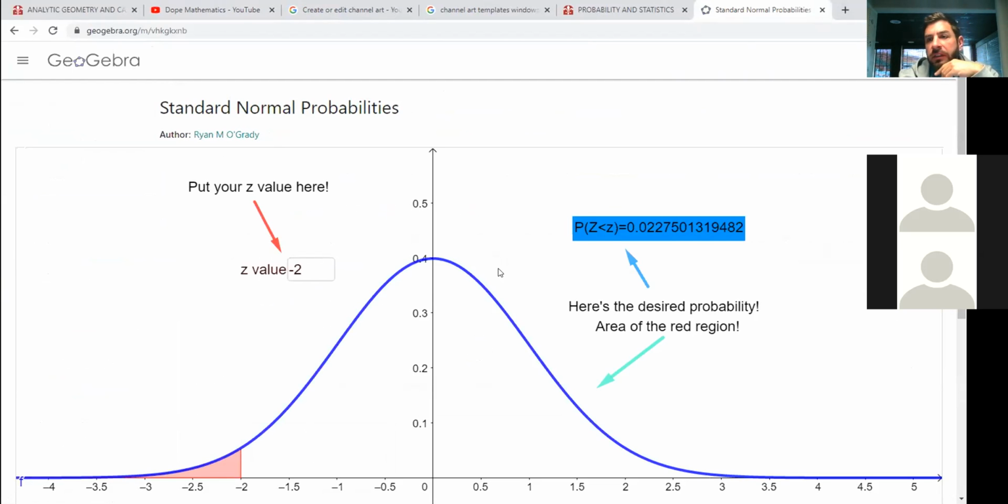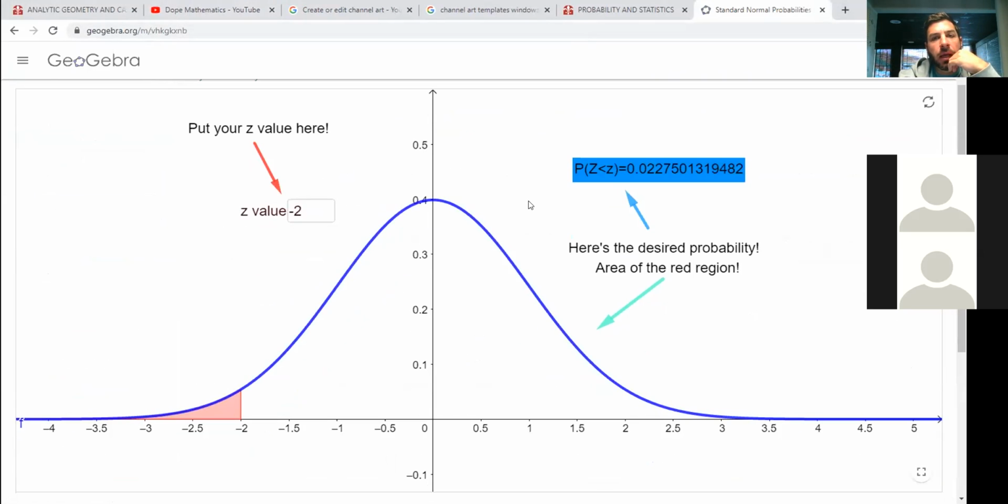Anyhow, I'll post this link to Canvas for you, but basically I created a table to help you calculate these probabilities that we've been doing the last few classes.